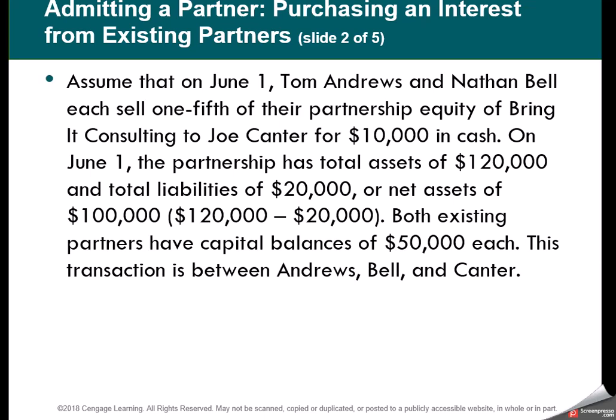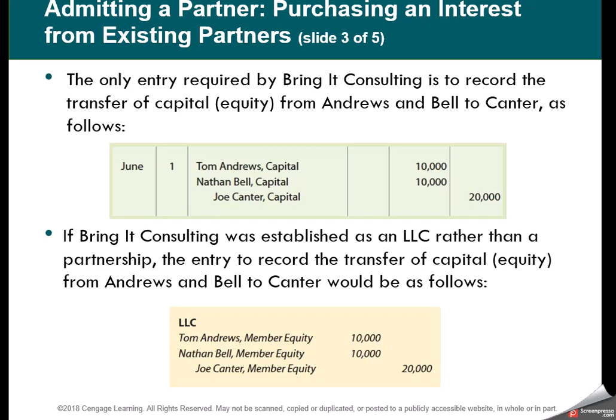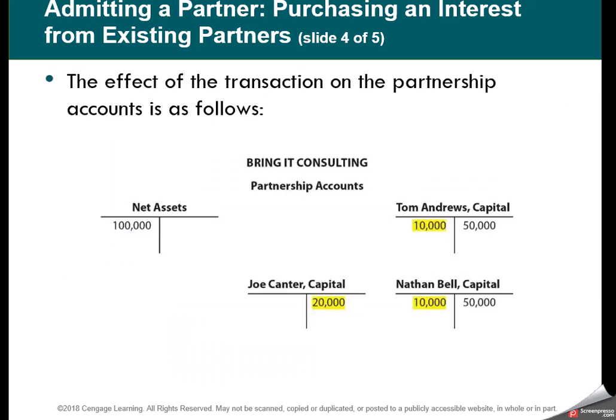We didn't deal with his cash yet. But by doing that, we're taking them down to $40,000 each, and we're bringing him up to $20,000. So here again, we show these guys going down in capital to 40, and he's going up to $20,000.